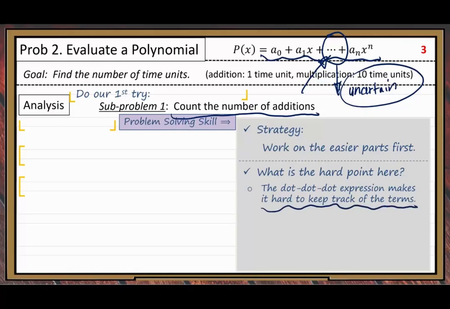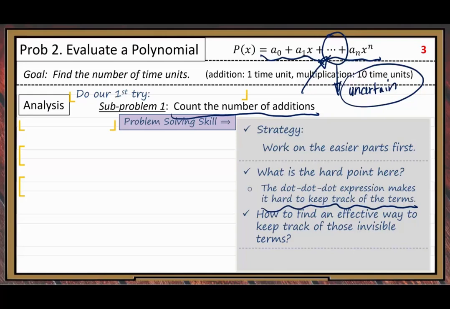When we have that problem, the question is, how do we keep track of the data? So we need some special method to help us. How to find an effective way to keep track of those invisible terms, those missing terms?